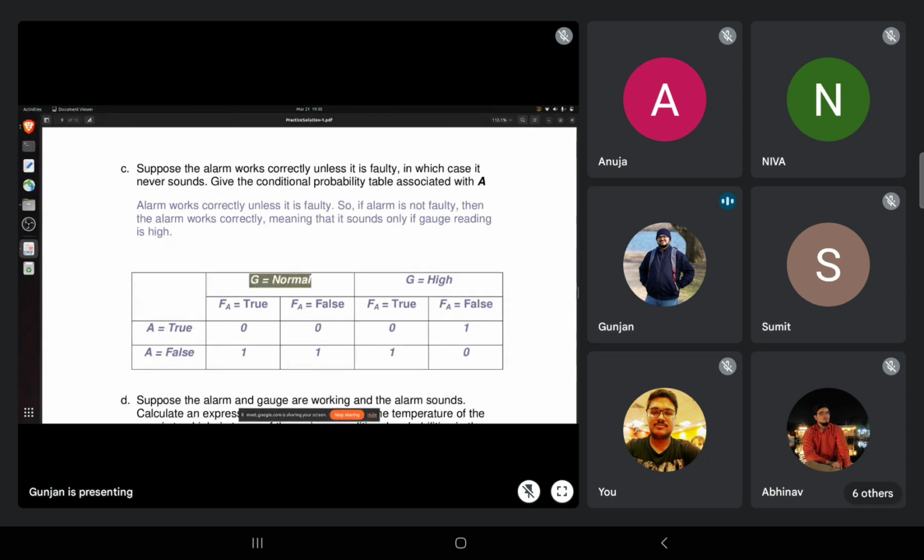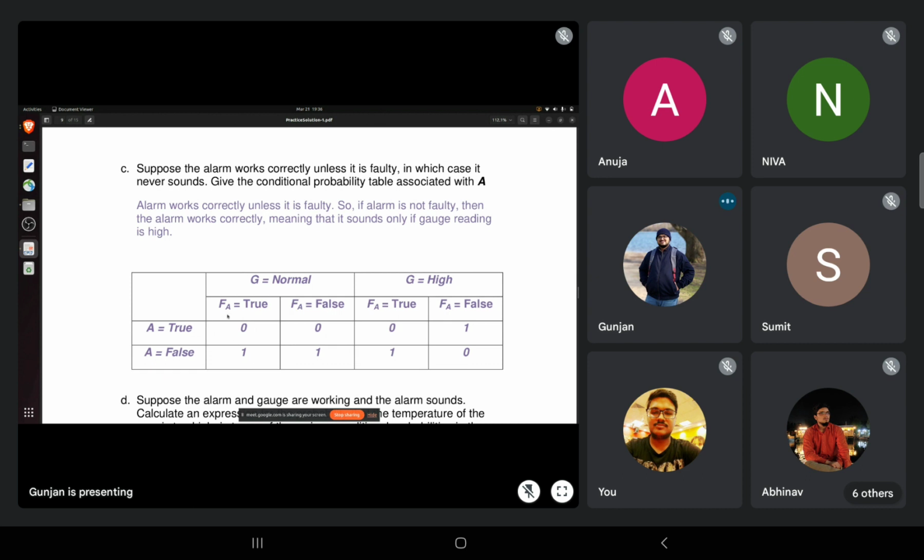Similarly, when the gauge is normal, and the alarm is working correctly, the alarm will not ring. So that's why it is a one here. And when the gauge is normal anyways, even if the alarm is faulty or not faulty, it will never go up.